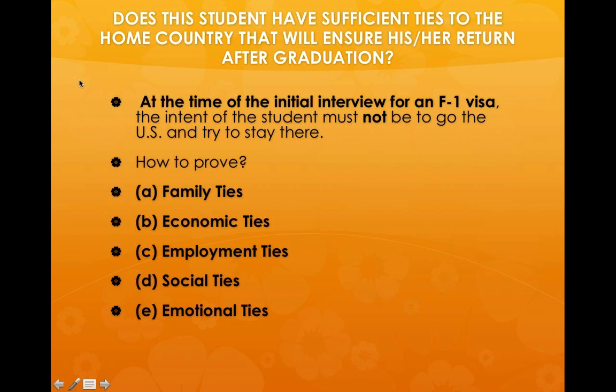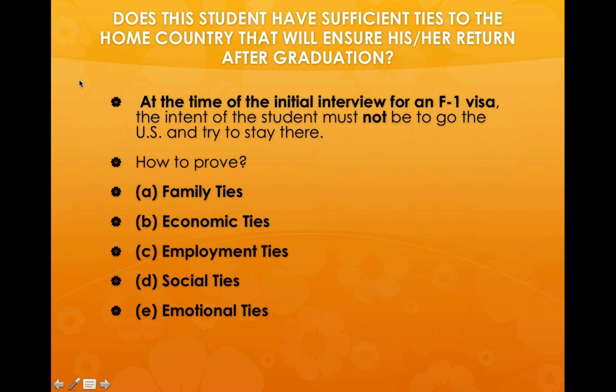But if you're applying for an F1 visa, you should prove that yes, my intention is to go on a temporary basis, because my visa requires me to be there temporarily, and I will prove that I have family, economic, employment, social and emotional ties which will bring me back to India. And if you say this, you get the visa.